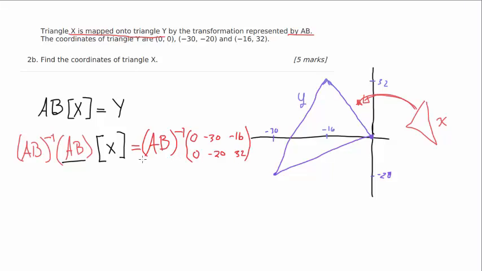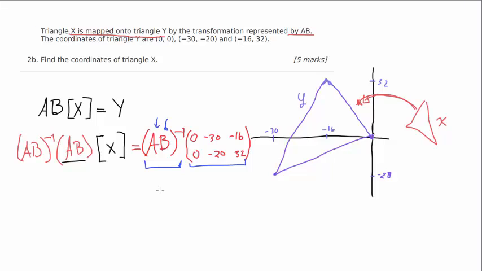So in my calculator, this is what I would be typing in. I would need to type in matrix A and matrix B so that I can group them together as the inverse, multiplying with matrix Y.